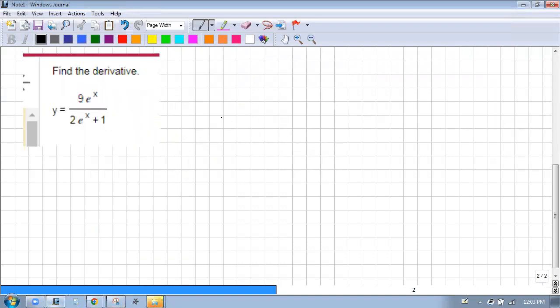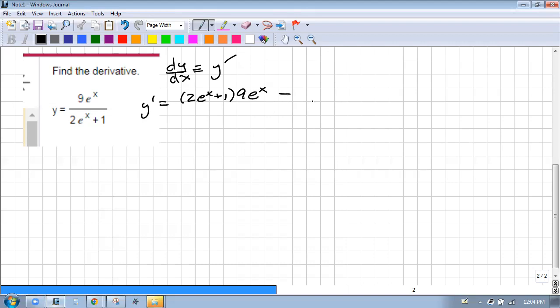Okay. Find the derivative. So they mean dy dx, also known as y prime. So y prime, we'd have to use the quotient rule, right? So we have the bottom times the derivative of the top. The derivative of e to the x is just e to the x.